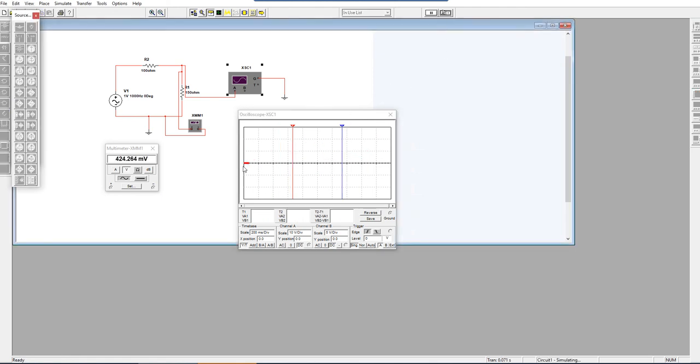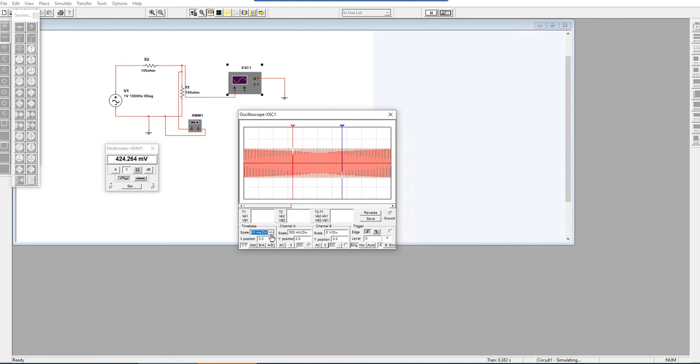Now you can see there are two problems here. One is the amplitude is very low, so I have to change it. The amplitude becomes high, however because of this scale it's very squeezed. Now I just reduce the scale and it becomes clear.